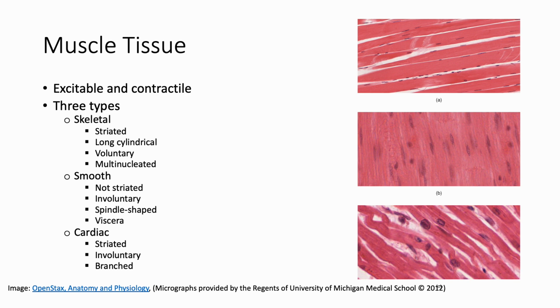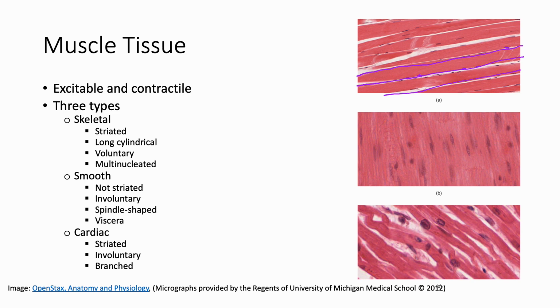Now, I want you to spend some time looking at this image and look at the image in your textbook. What is true about skeletal muscle is that, if you look, these are long cylindrical muscle fibers or muscle cells. And notice these dark spots along here, these are nuclei.